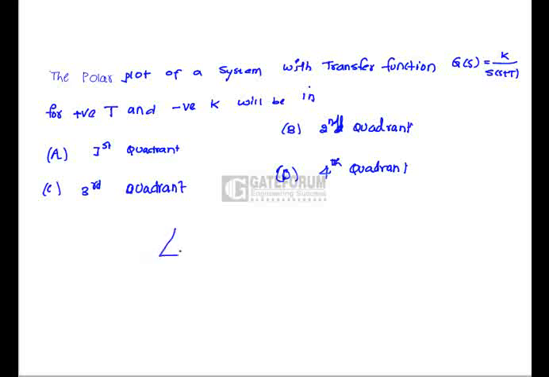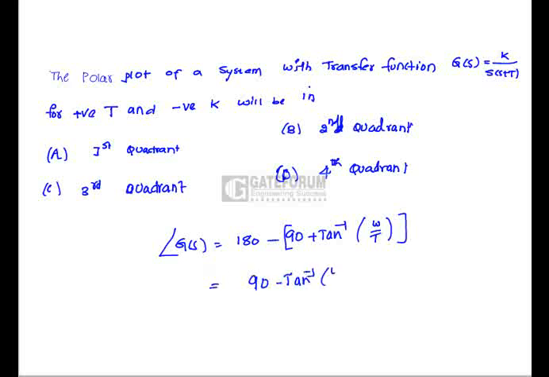Suppose the angle of G of s is going to be, because K is negative, whose angle is nothing but 180 degrees. The angle of the denominator is minus 90 minus tan inverse of omega by T, means 90 minus tan inverse of omega by T. At omega equal to 0, the angle of G of s is 90 degrees.